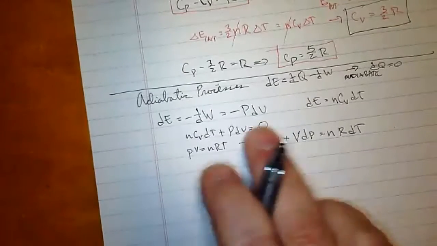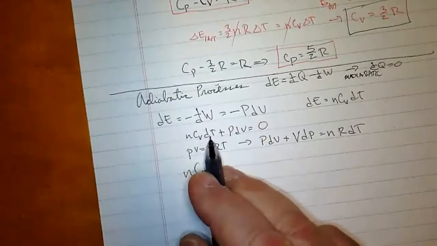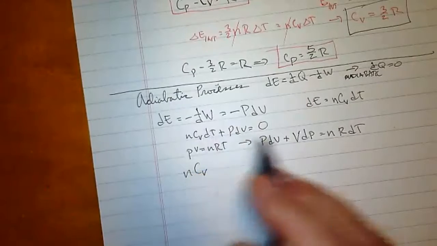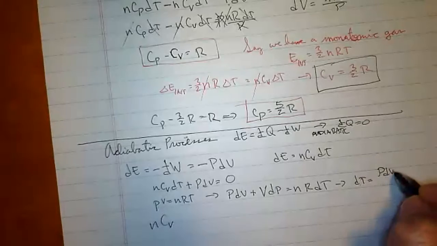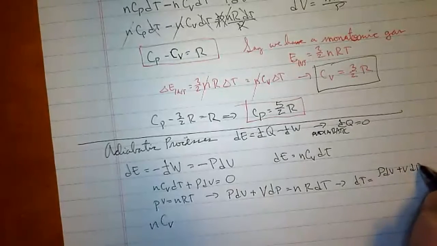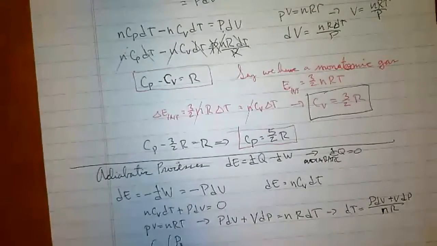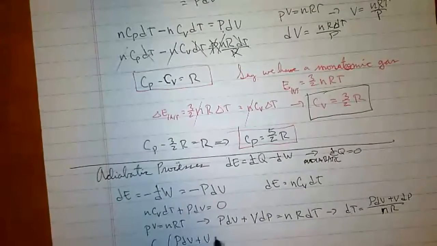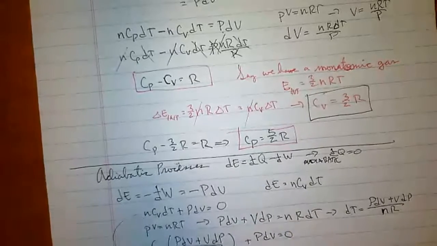And with that, notice that N Cv has a dT on it, and we can solve this for dT, so that dT turns out to be P dV plus V dP over N times R. I'm going to write this in here, P dV plus V dP over N times R. And then, of course, I had that plus P dV is equal to 0 again. So that was this equation, combining it with this stuff.